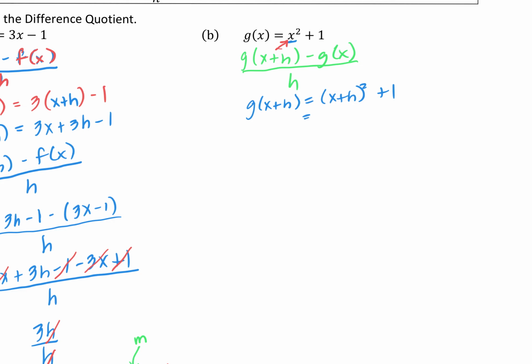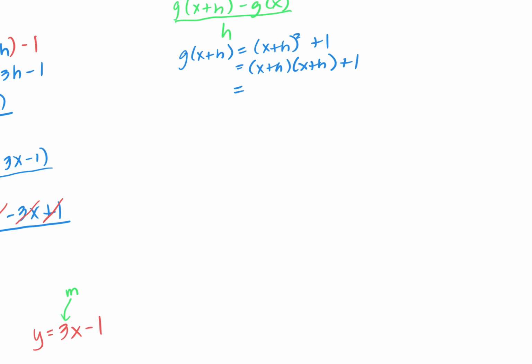Okay, so don't just distribute that 2. It's not x squared plus h squared. Remember, this is x plus h times x plus h. And if you did FOIL or multiply that all out, you should get x squared plus xh plus xh would turn into a 2xh plus h squared plus 1.